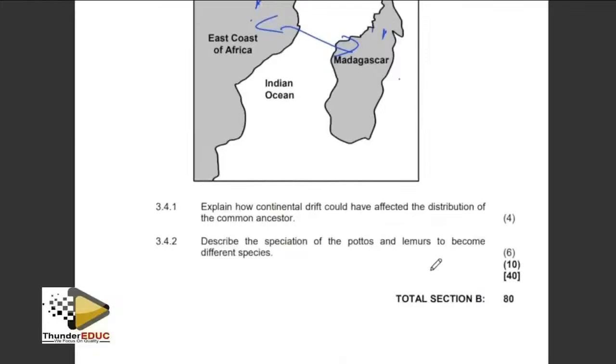They formed 2 new species of poto and lemurs. You can only talk about these 2 new species. Don't talk about 2 species before you talk about genotypically and phenotypically different. If you do, you're going to lose marks. Even if someone is marking, it will pain, but nothing we can do.